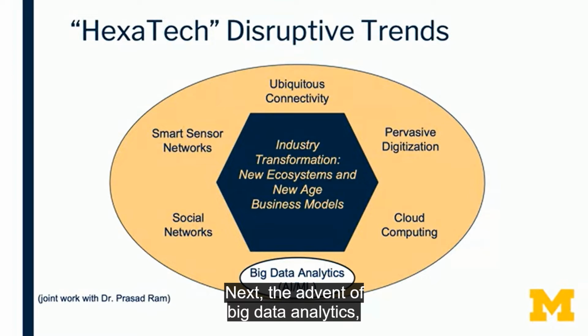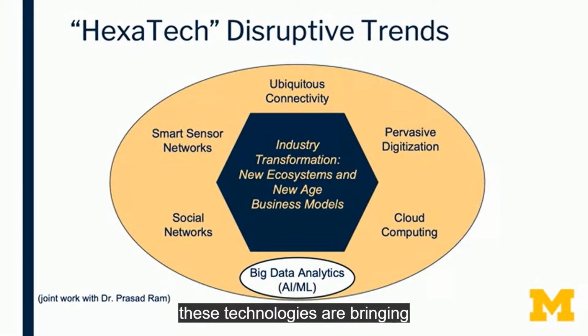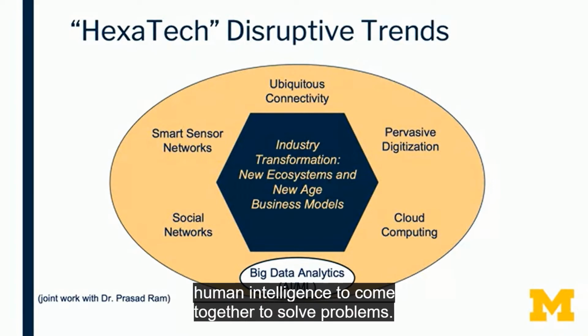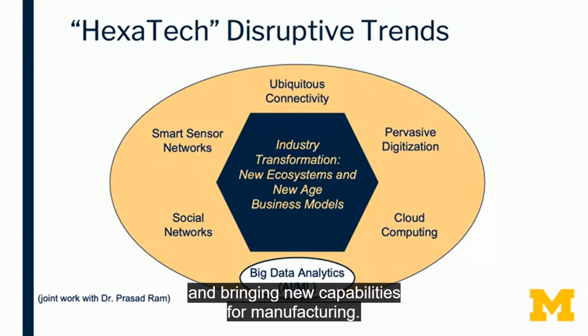Next, the advent of big data analytics. These technologies are bringing real-time data in enormous volume. And at the same time, the advent of both machine intelligence and human intelligence coming together to solve problems, I think that is new and bringing new capabilities for manufacturing.